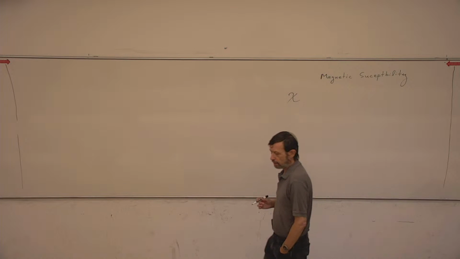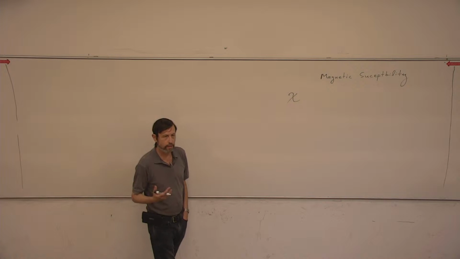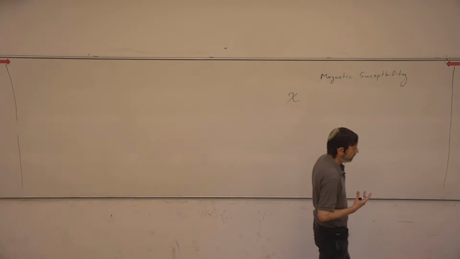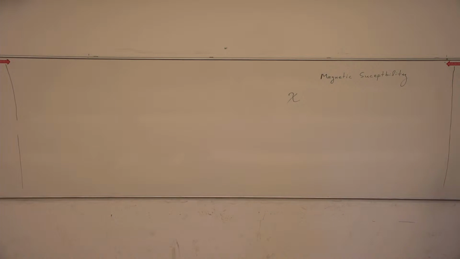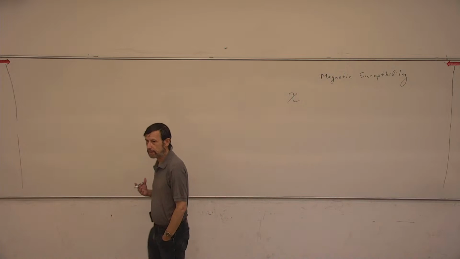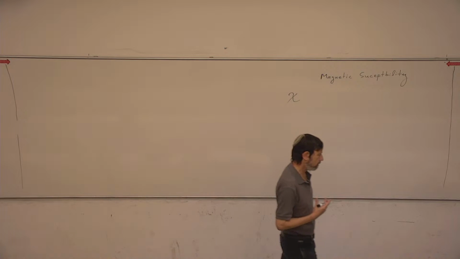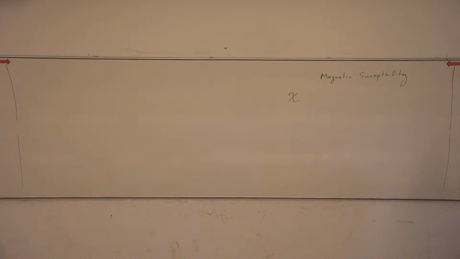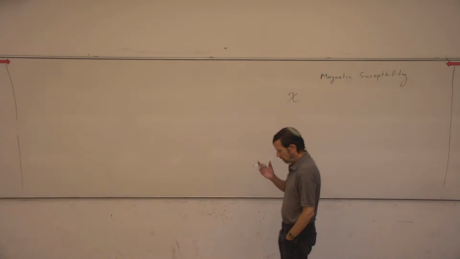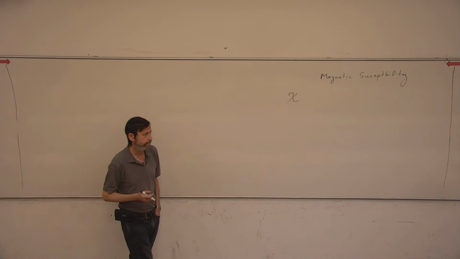And actually, for most materials, we will have two very different responses, which both are connected with the electrons in this material. And we'll see that because of two different properties of the electron, we'll see two kinds of responses.